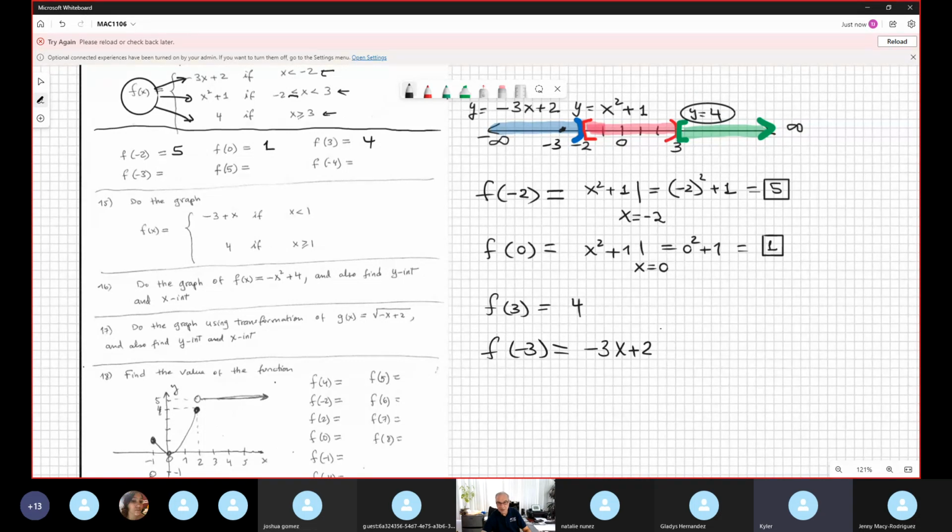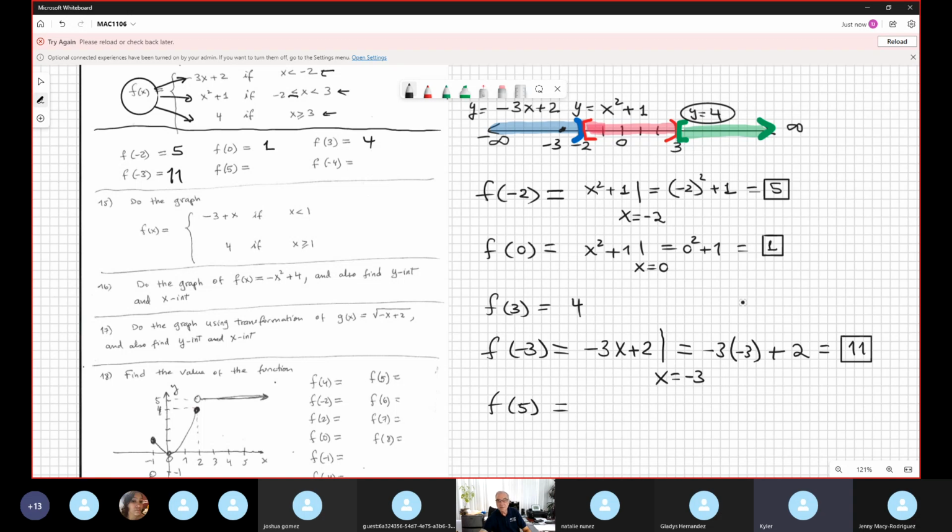And you put this special symbol, this is convenience notation, such that x is equal to minus 3. Plugging in, minus 3 times minus 3, you replace the x for minus 3, plus 2. Obviously, this is 9 plus 2, 11, no? 11. And 5.